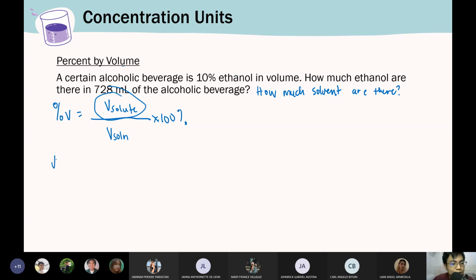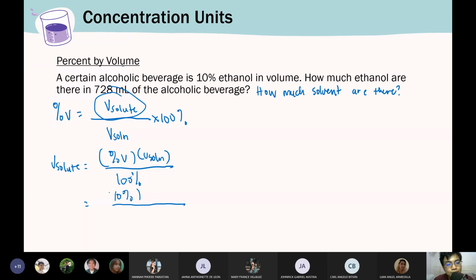So, doing that, V solute equals percent volume times the volume of the solution divided by 100%. And then, plug in everything. Percent V is 10%.